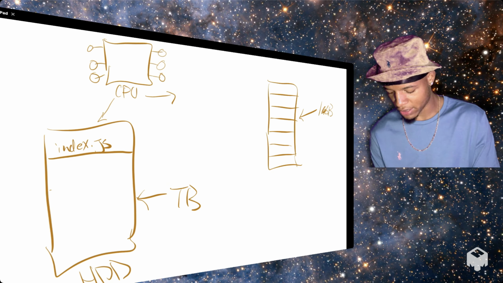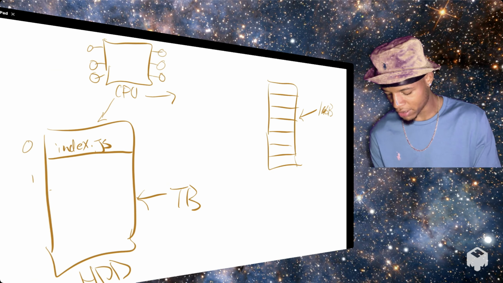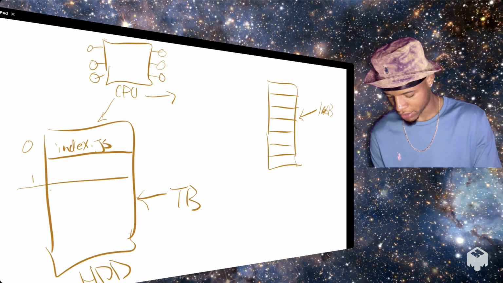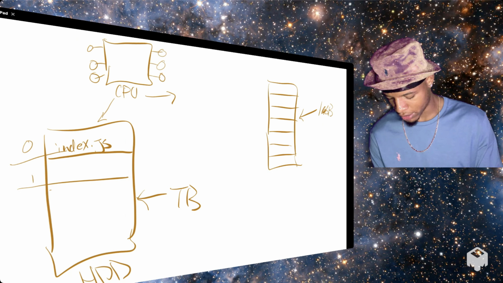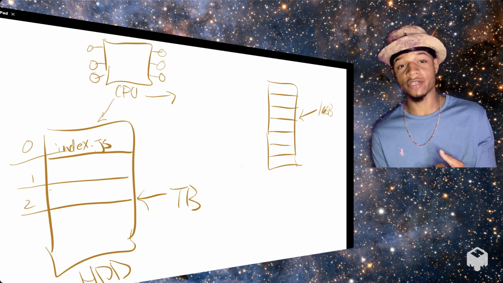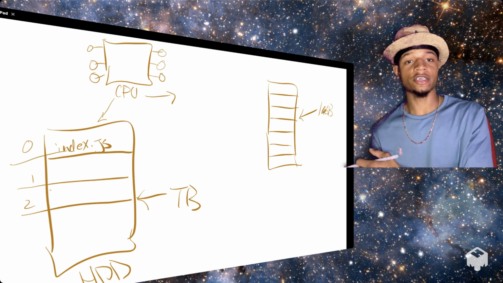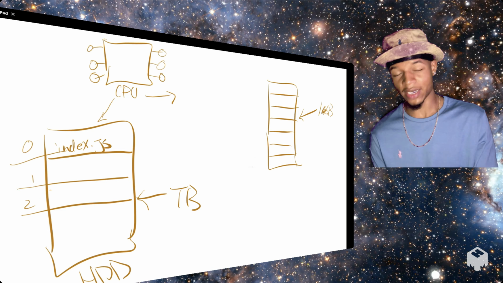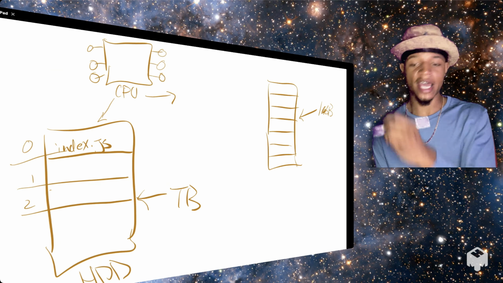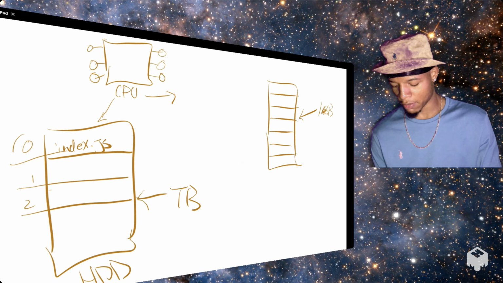It finds it in, or let's see, we call these addresses, right? These are the addresses in our hard drive. We need to have addresses to where our data lives in our hard drive so that the CPU can go find it. It's like, okay, this index.js file lives at address 0 in my hard drive.